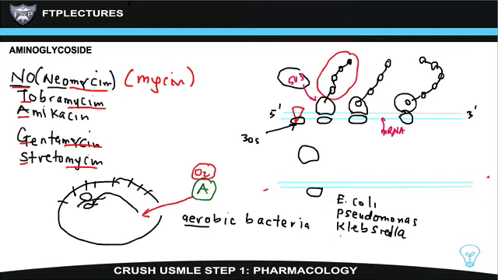All right, Klebsiella can be killed by this drug. So these are gram-negative organisms, which means they are aerobic bacteria, which means since they're using oxygen, we can kill them with aminoglycosides. And the last but not the least is Enterobacter.